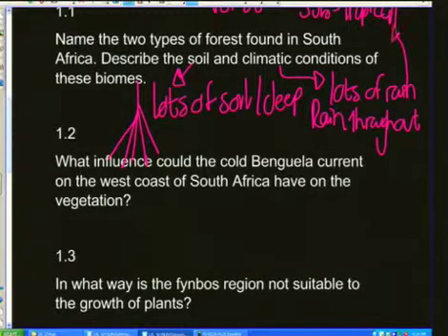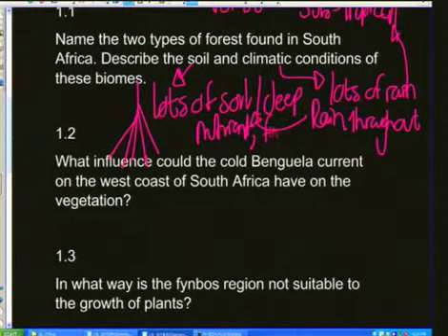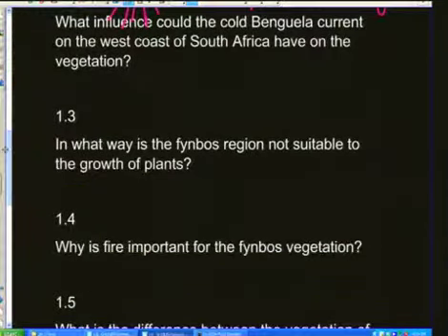Big trees need water, and they need nice nutrients, or fertile soil. And because you've got that, what are you going to have? The nice big tree.